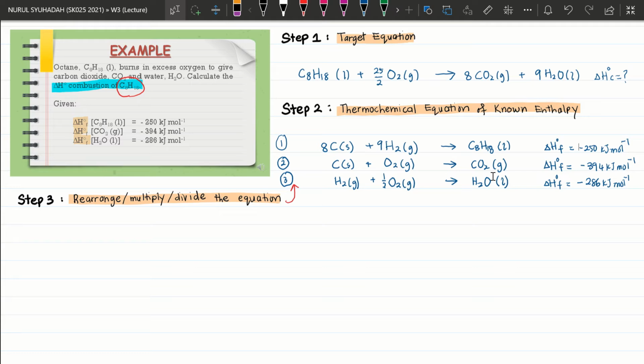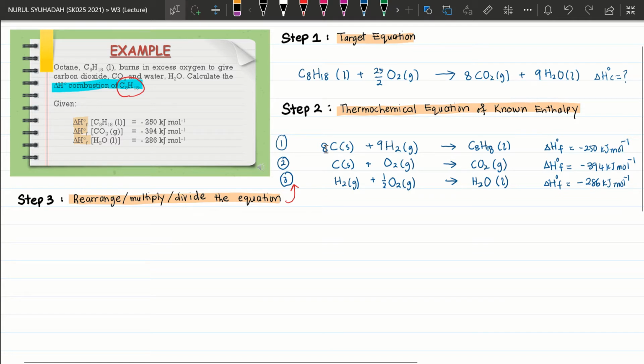Okay, so here are some tips on how you're going to do it. Check one by one of our components here, and then look at which equation it appears in.